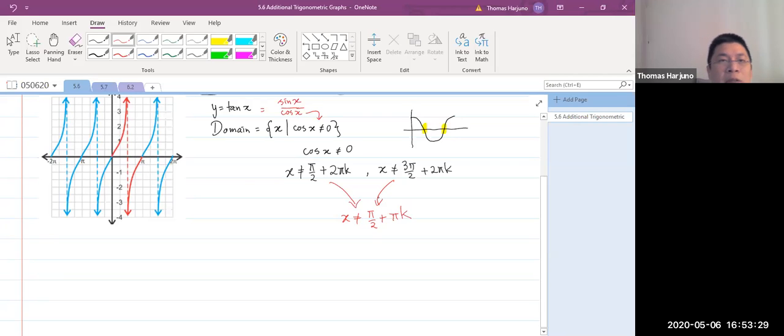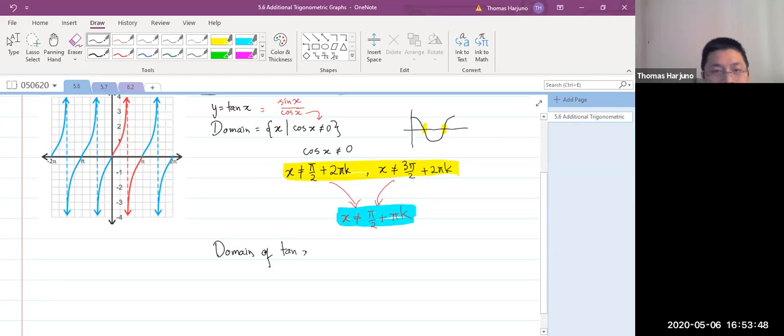Okay, Thomas, can I just leave my answer like this later on? Yes, you can, but please don't get confused if your textbook shows this answer. So the domain of tangent x is all real numbers where x is not pi over 2 or any pi multiple of that.